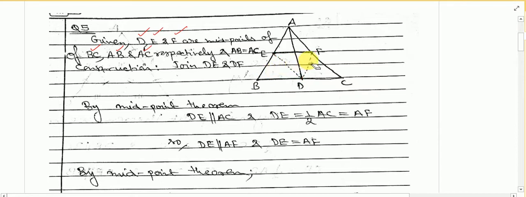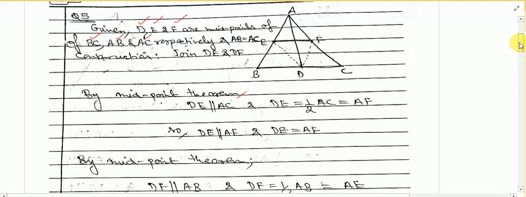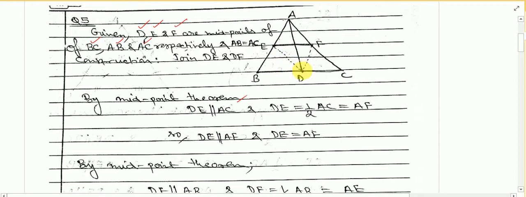Once we have joined them, by midpoint theorem, DE will be parallel to AC, and this DE will be half of AC.